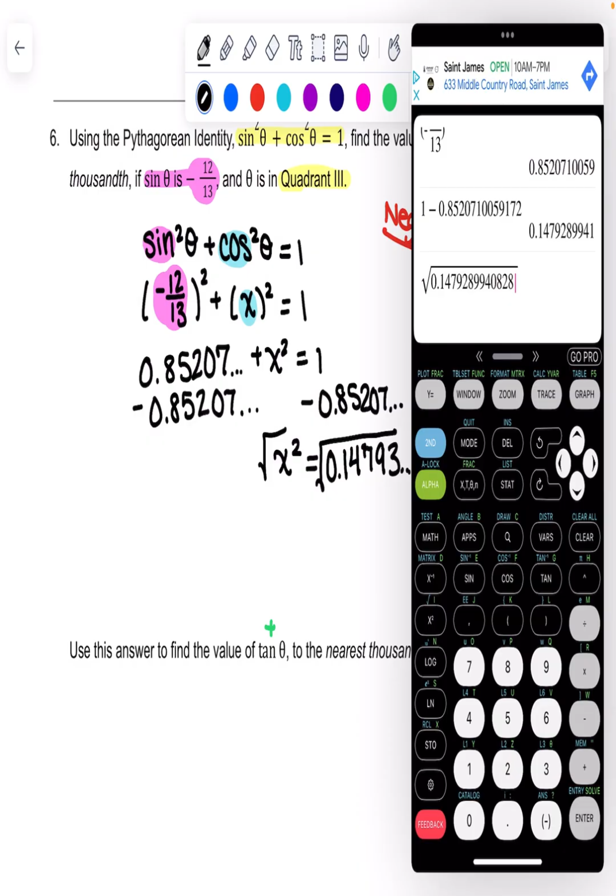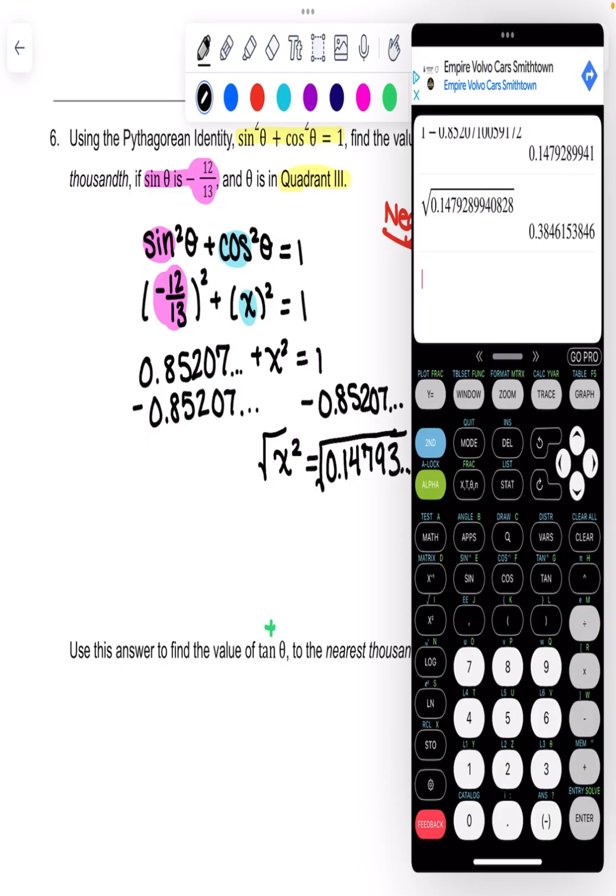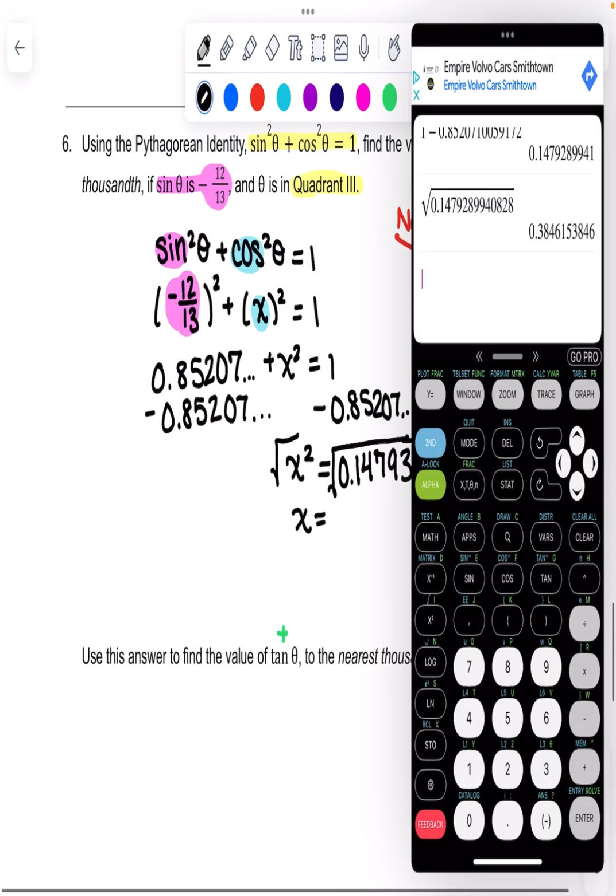So we get this value 0.3846, and so on and so forth. But that value could be both positive and negative, because when we square a negative, it becomes positive. So x, in this case, x or cosine, is going to be negative. So it's going to be negative 0.385.